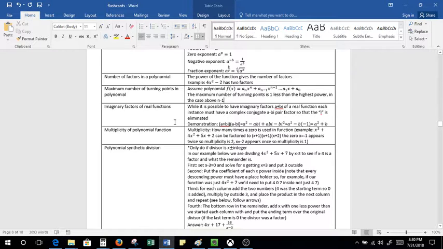Imaginary factors of real functions. It is possible to have imaginary factors even if the function is real. And if that is true, we get this a plus bi as a factor, but it must come in a pair. You can't just have one imaginary factor. That doesn't work. You must have its conjugate pair. And what that means, in layman's terms, is it's going to eliminate the i when everything's multiplied out.